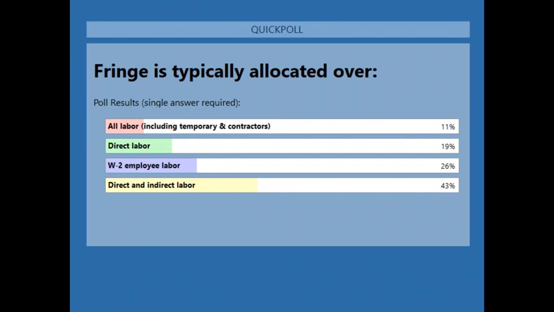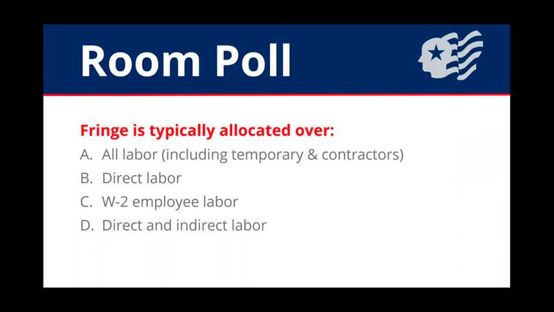Some of these could be answers, but the best answer really is W-2 labor. I tried to trick you a little bit with direct and indirect labor, applying that, well, maybe you have some temporary labor or other stuff in there. Again, the key is always going to be that W-2 employee labor. Sometimes that's the best way to learn.